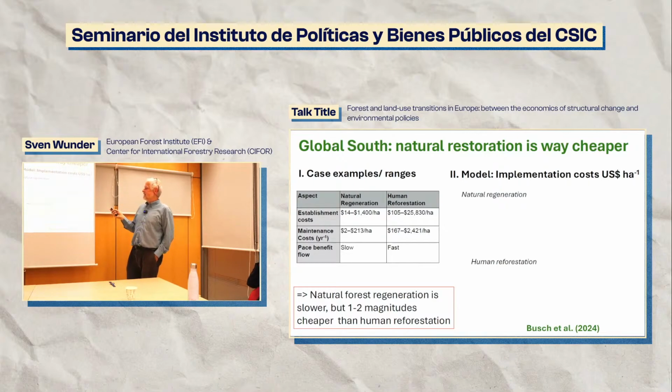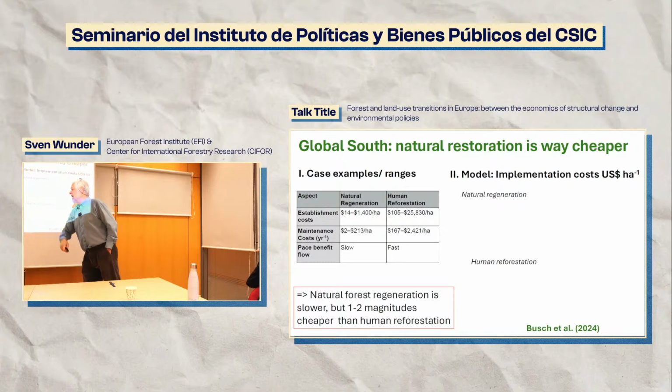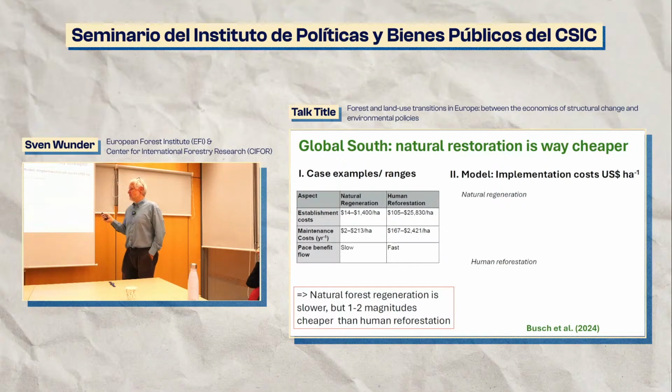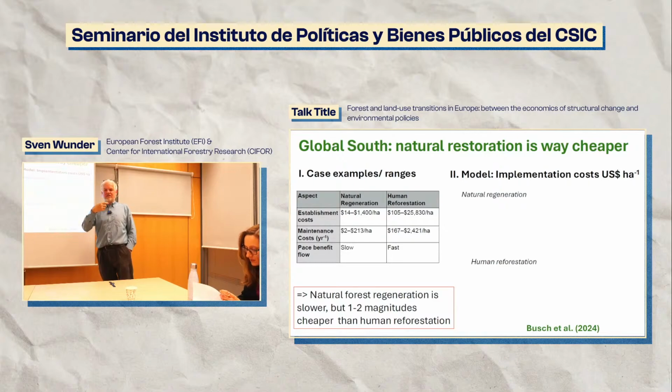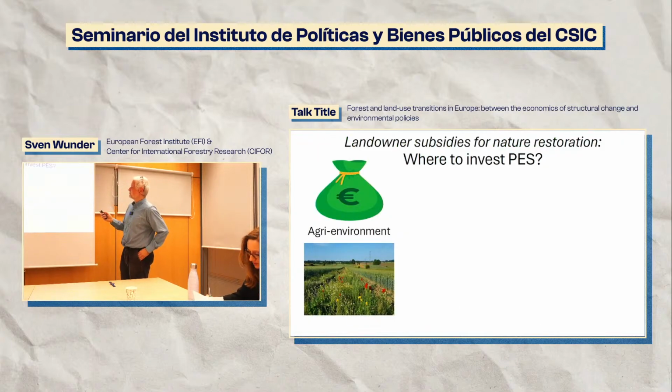What we can see is that natural forest regeneration is a bit slower, but it's one to two orders of magnitude cheaper, because it is just very expensive to actively reforest areas, also in the tropics. And I think what we see in Europe is, because labor is more expensive, some of these relationships are even worse.